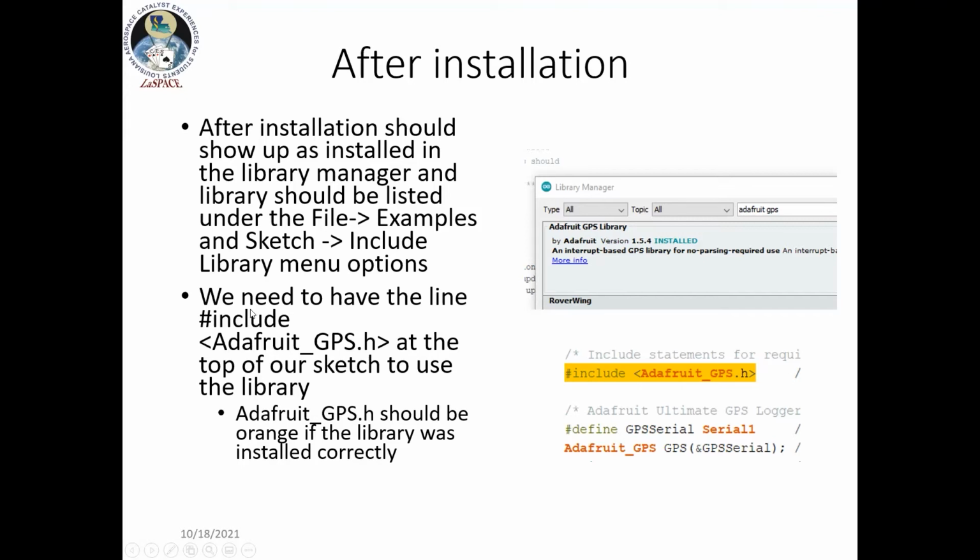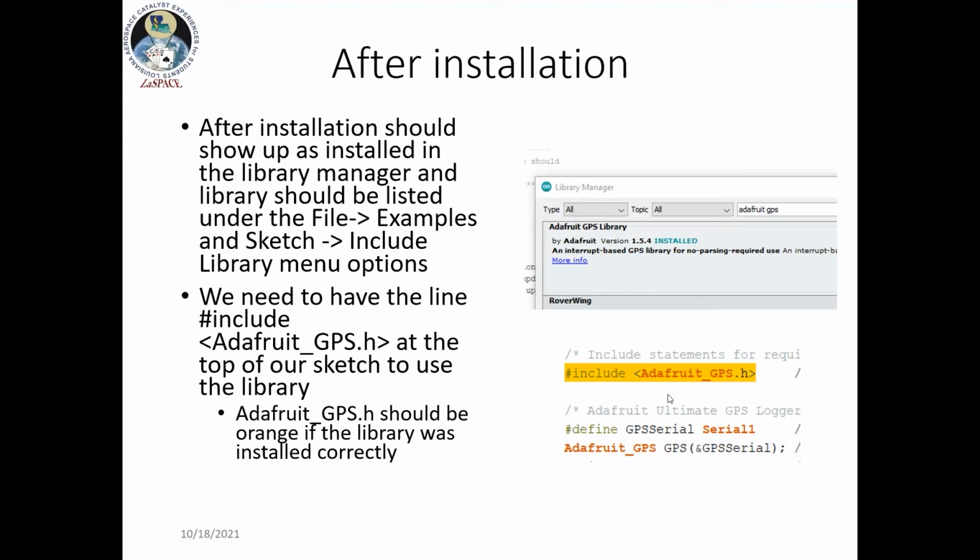If you remember, the way we include libraries is we use this pound sign, number sign, hashtag, whatever you want to call it, include, and then within the little pointy brackets, you include the name of the .h file for the library. In this case, it should be Adafruit_GPS.h.